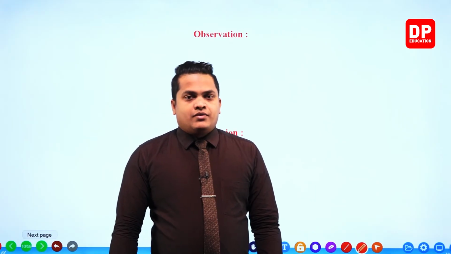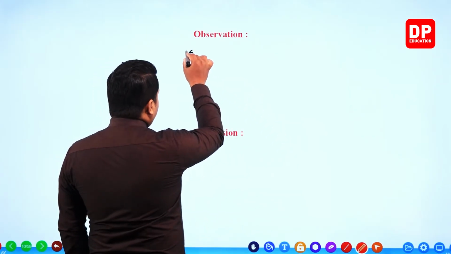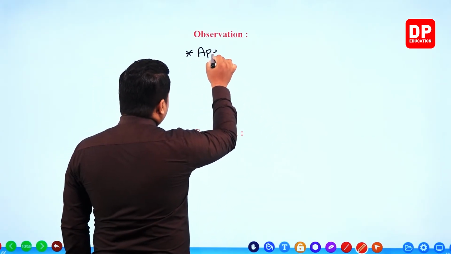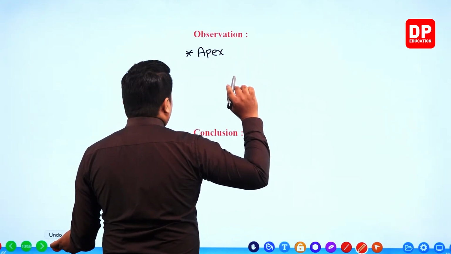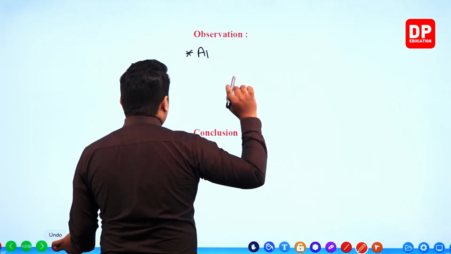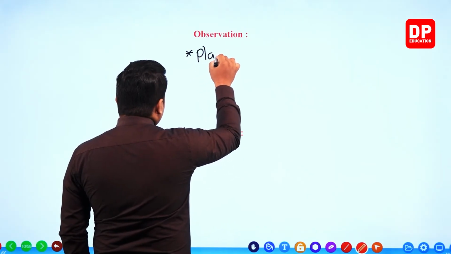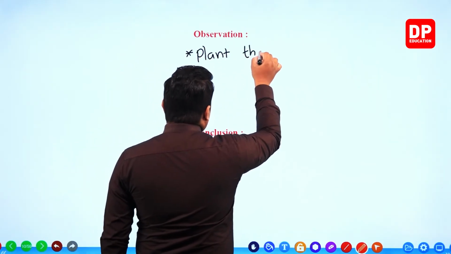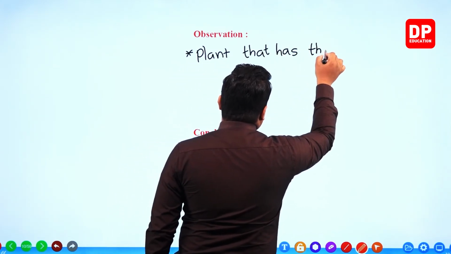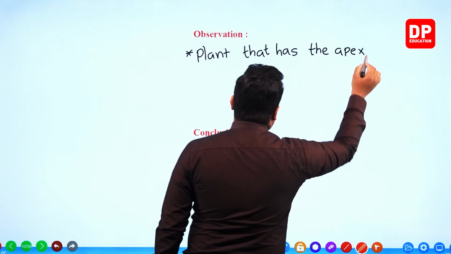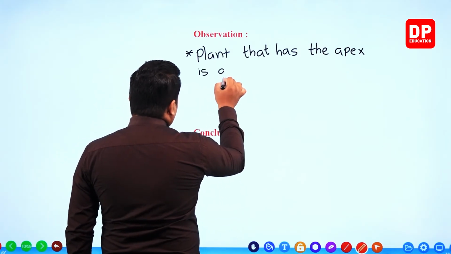Okay, right then. So we'll write down our observation. What is the observation? Apex of the plant, or we can say plant that has the apex, is growing.